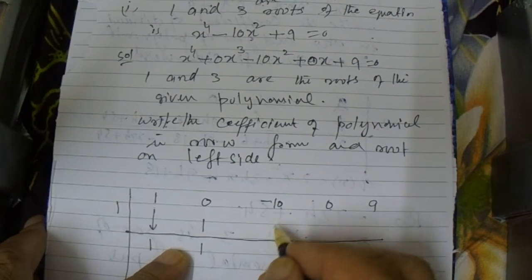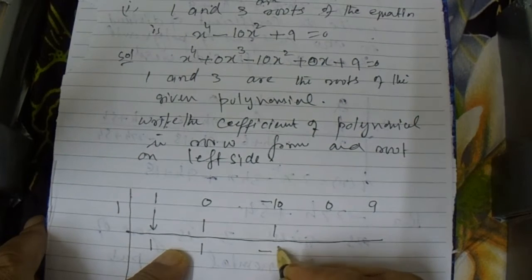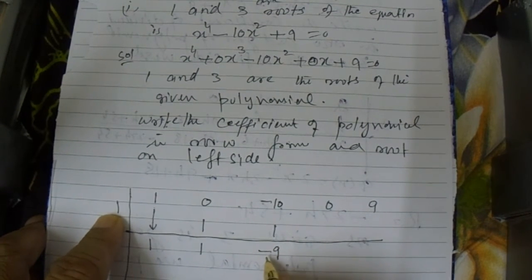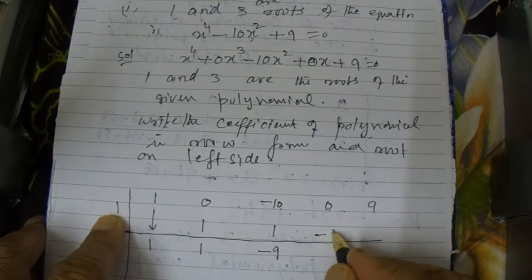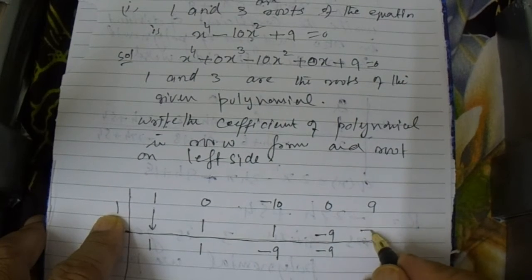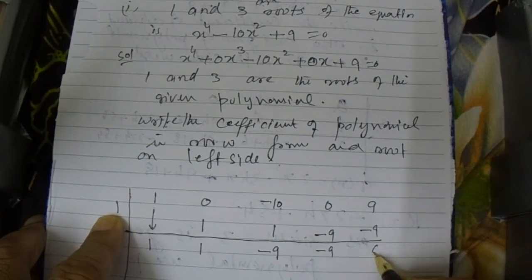Again 1 multiplied by 1 is 1, and -10 plus 1 is -9. We multiply this 1 by -9 and get -9, and 0 plus -9 is -9. Again we multiply -9 by 1, and this cancels, giving 0.